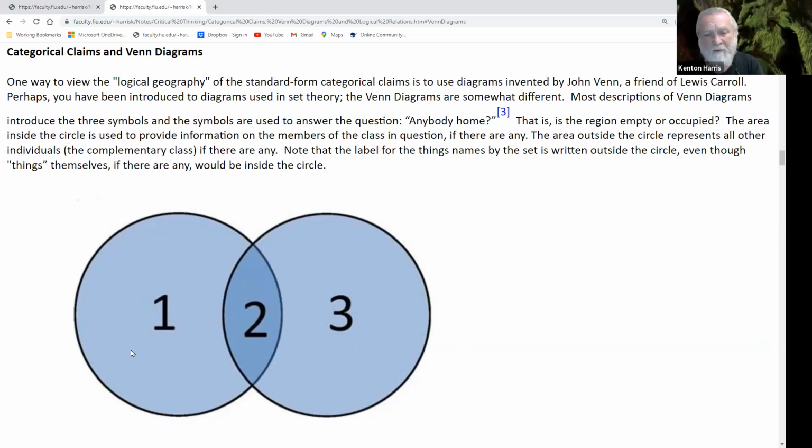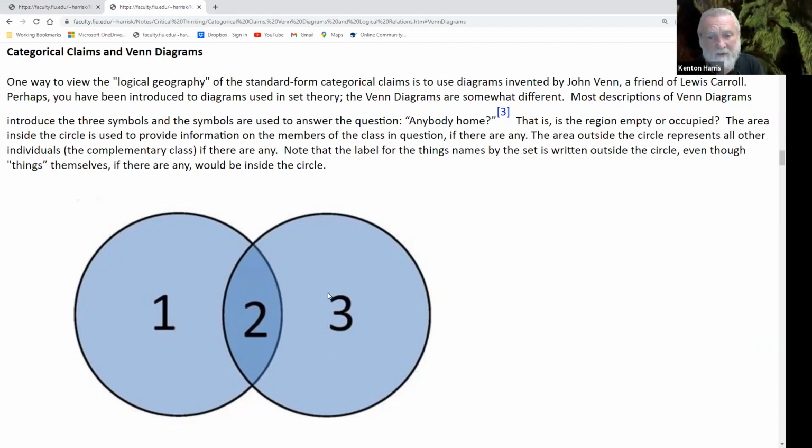Then we have our three regions. Number one would be anything which is a member of the subject class, but is not a member of the predicate class. How do I know that? Because it's inside the S circle, but it's not inside the P circle. In region 3, we have anything that is a member of the predicate class, but that is not a member of the subject class. How do I know?